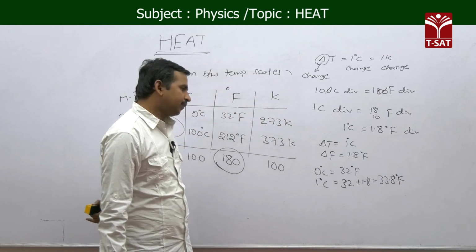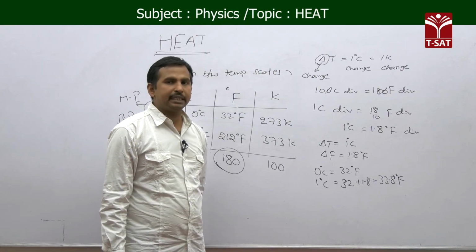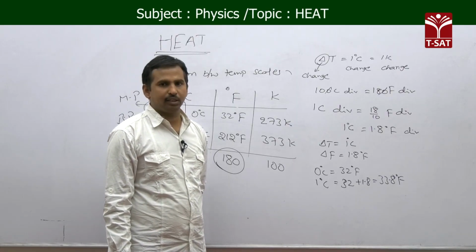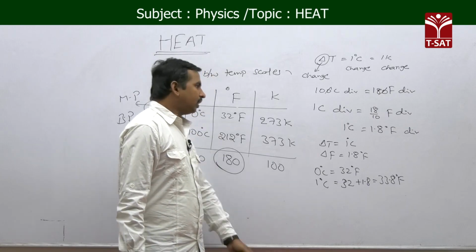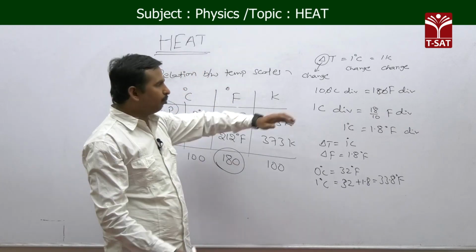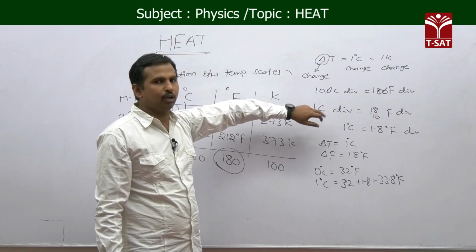So this is the difference we have in the case of the Celsius and Fahrenheit relation. Then this is the relation of the number of divisions of one scale to another scale.